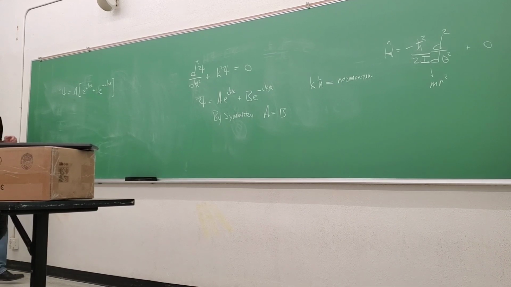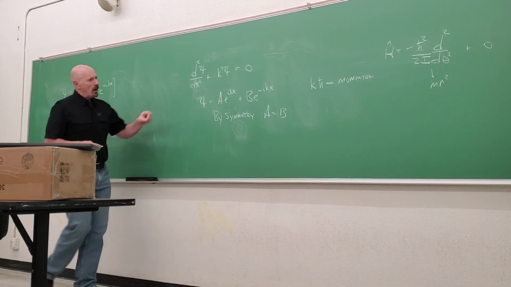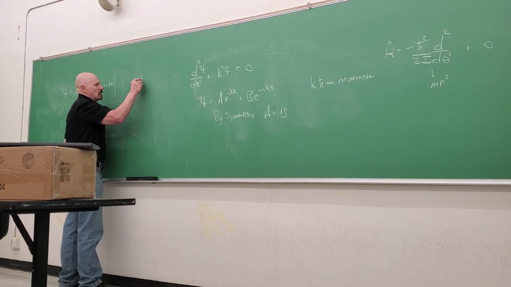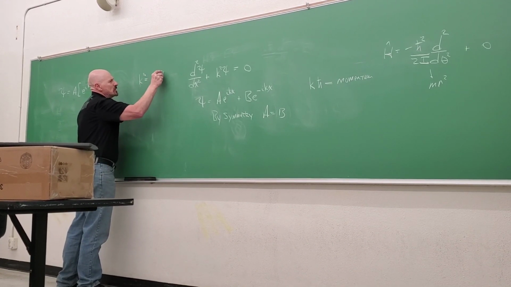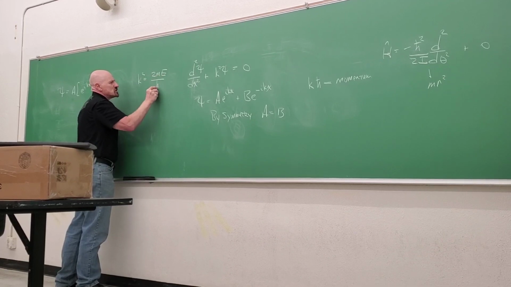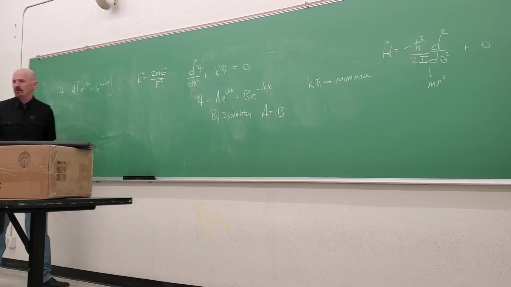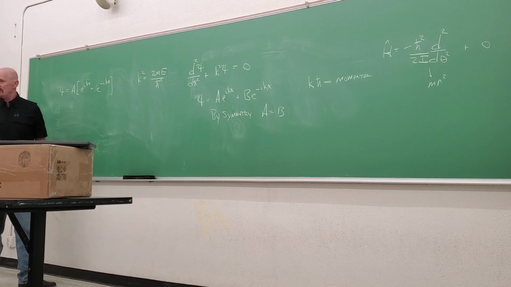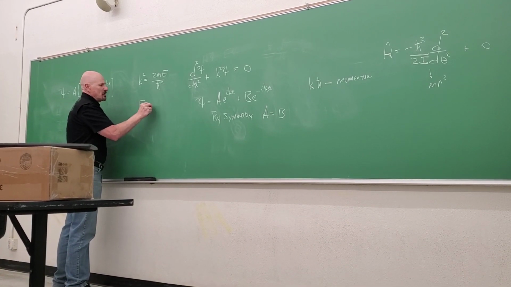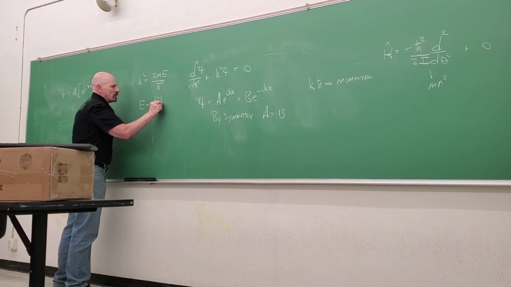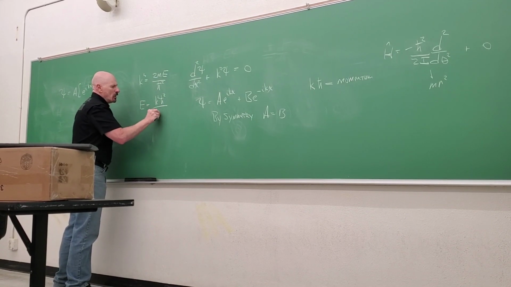A couple of things we want to look at. First off, our k squared was equal to 2me over h bar squared when we put that together. Yours would be 2I over h bar squared, obviously. So that tells us that the energy from that system is k squared h bar squared over 2m.